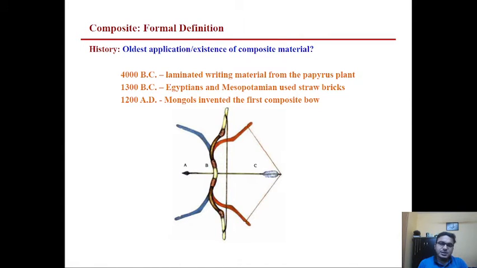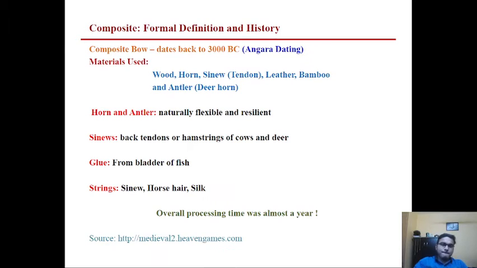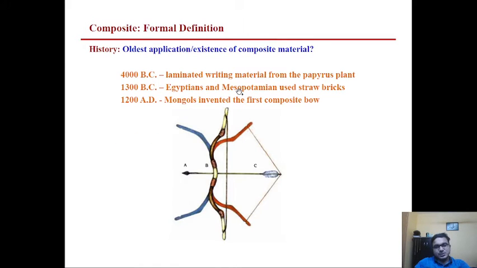Then in 1200 AD, Mongols invented the first composite bow, as you can see in this figure. The materials used were wood, horn, tendon, leather, bamboo and deer horn.